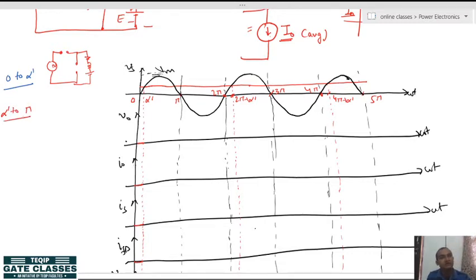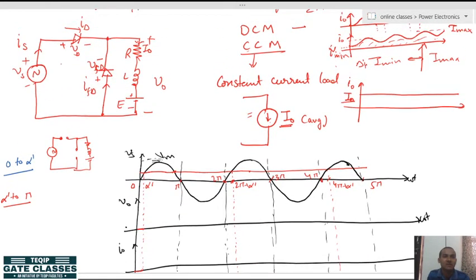Alright, so we have already discussed why this is not stopping at pi minus alpha dash. Because of the high value of inductor, it will continue its operation, because inductor will not discharge at pi minus alpha dash. It will discharge after pi at some point beta. So from alpha dash to pi, what is happening, the diode D is becoming forward biased.